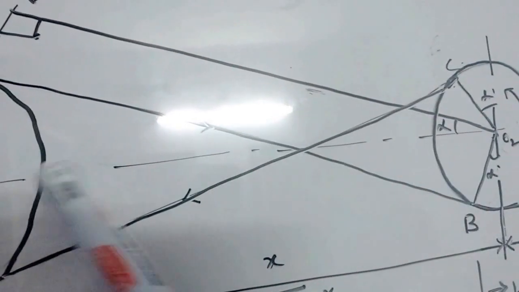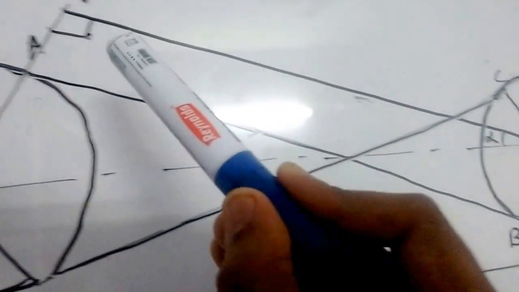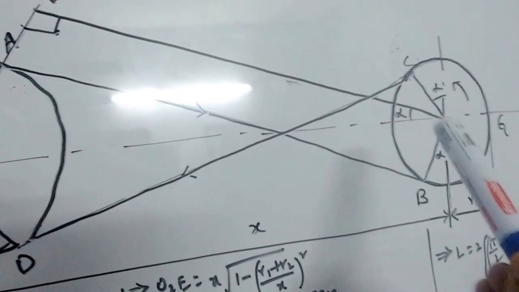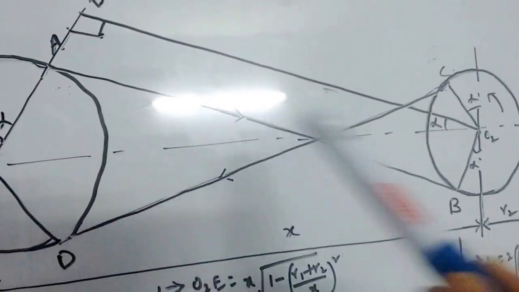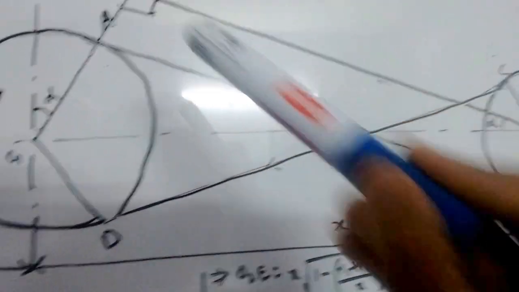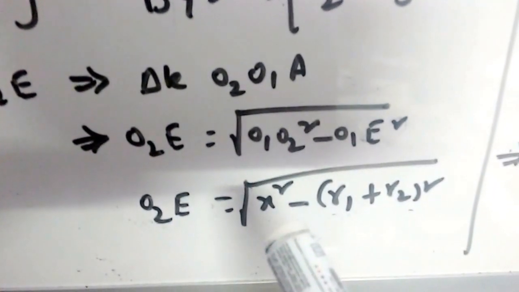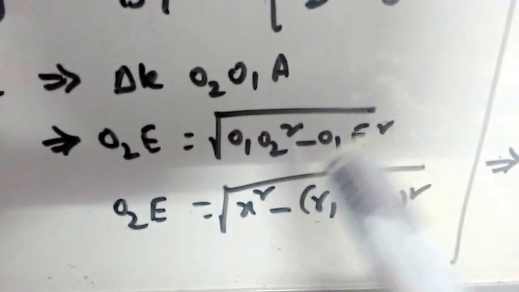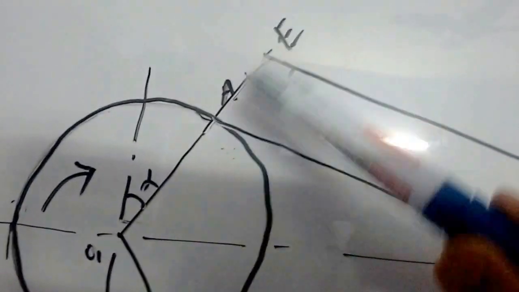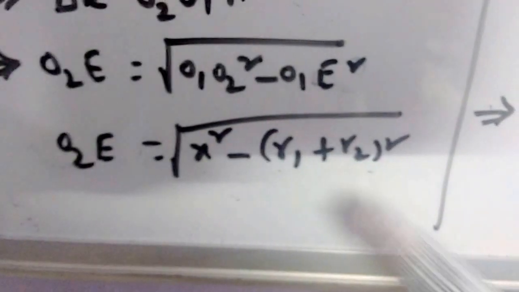So O2E square is equal to O1O2 square minus O1E square. O1O2 is the distance between the two centers, x, so x square, minus O1E, which is R1 plus R2, whole square.